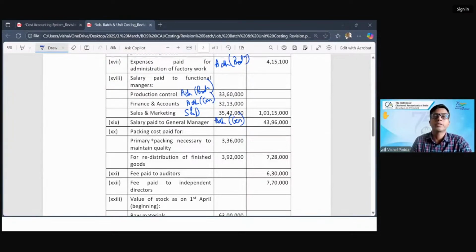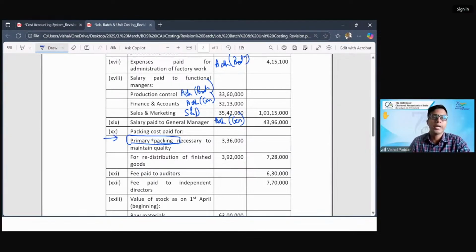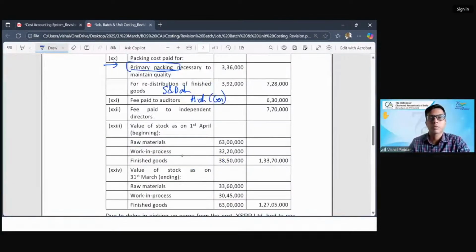After that, you should add it separately as the primary packing cost because your final product will be completed only after doing the primary packing. So this primary packing will again appear as a separate head of cost. Secondary packing should go in selling and distribution overheads. Correct? Administration overheads general.